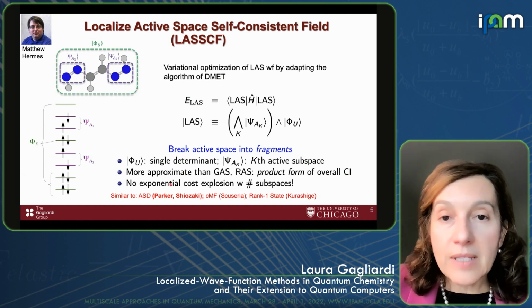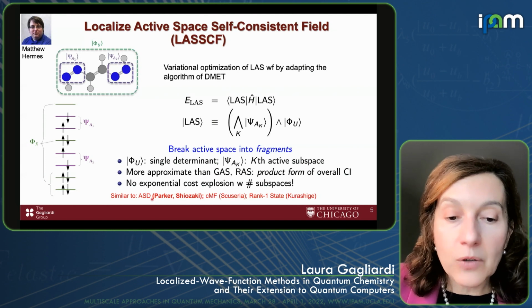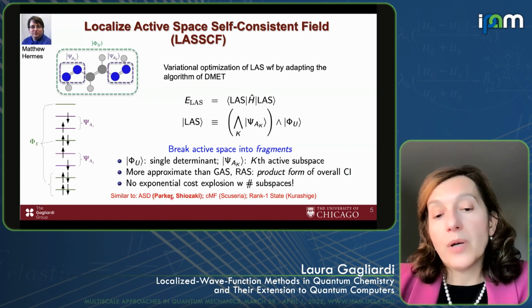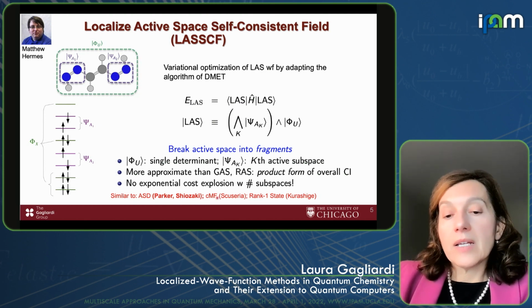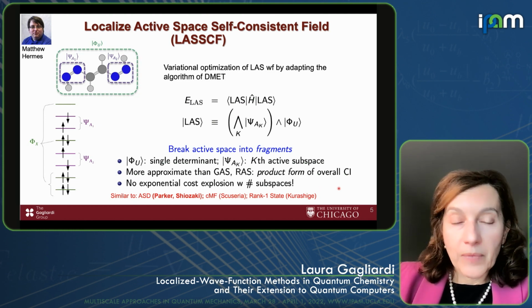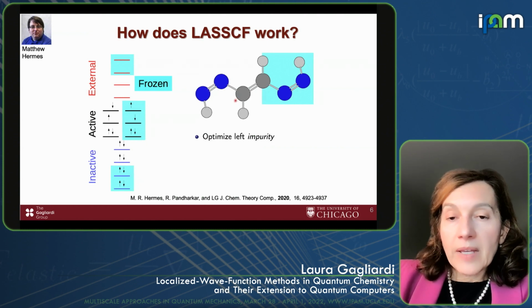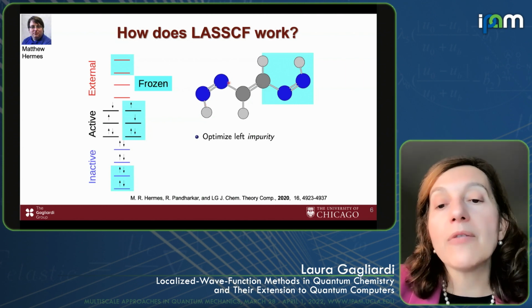And this idea of LASSCF has similarities with other methods, for example, the active space decomposition proposed by Parker and Shozaki, or the mean field by Scuseria, and so on. So here, to show you how it works, let's suppose that you have this super system, and we want, first of all, to set up an active space wave function on the left fragment.